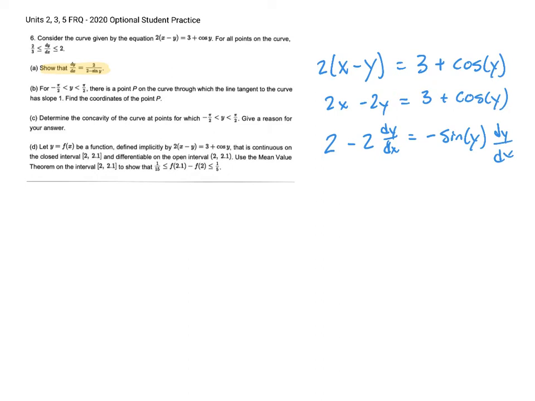Once we do the derivative, our goal is to collect the dy over dx terms, isolate it, and solve. So I'm going to rearrange things a little. If I do plus 2 dy over dx on both sides and then flip it around, so I'm going to add it here and add it here.